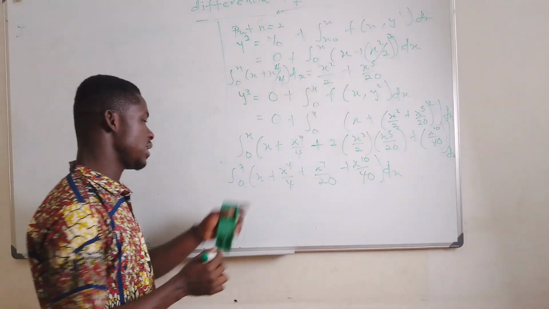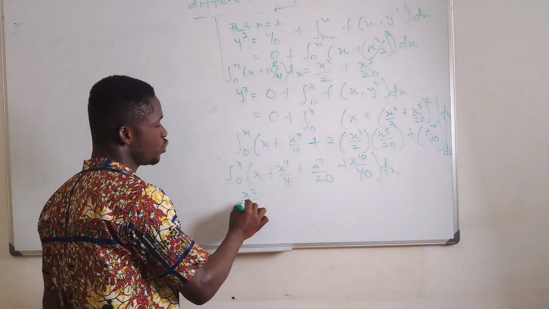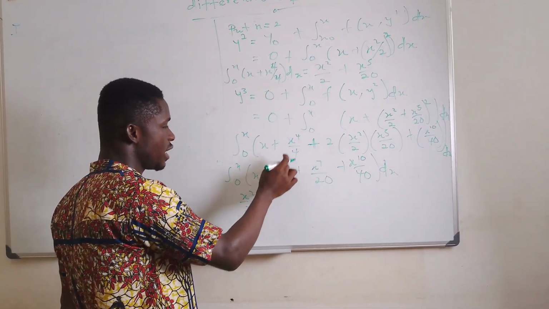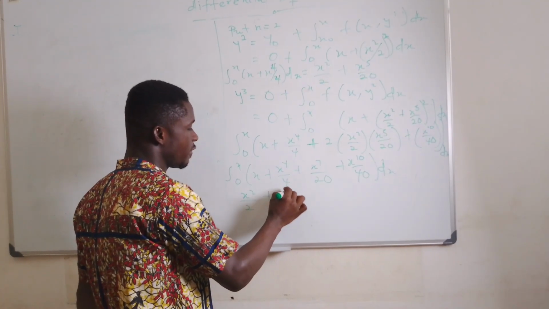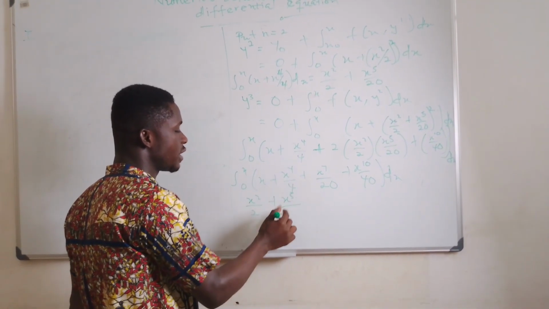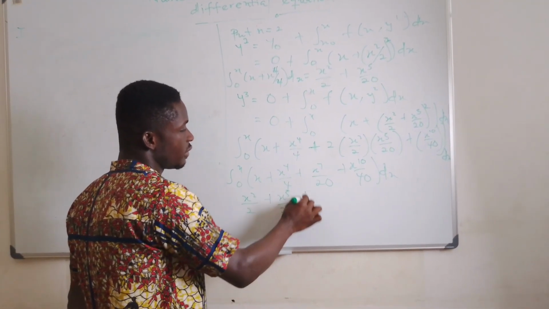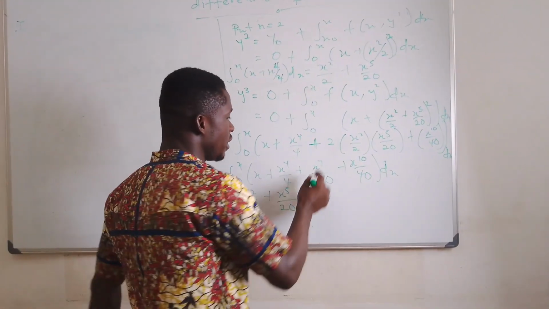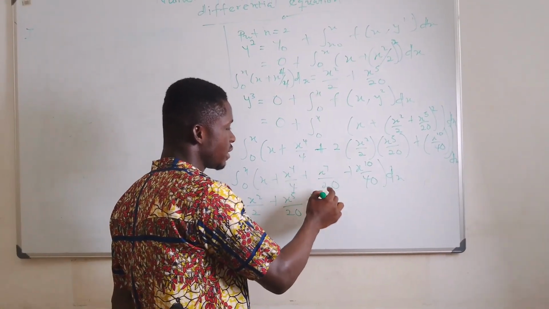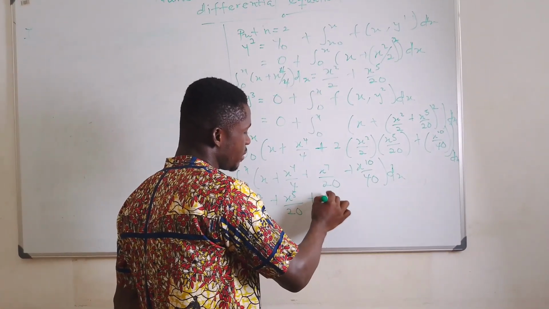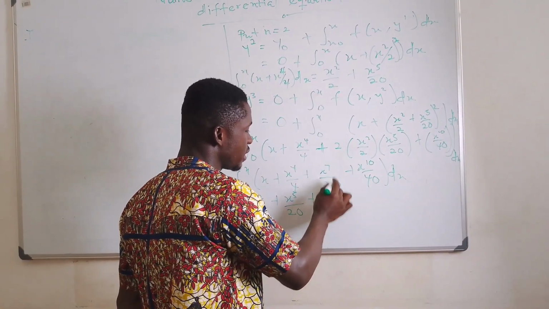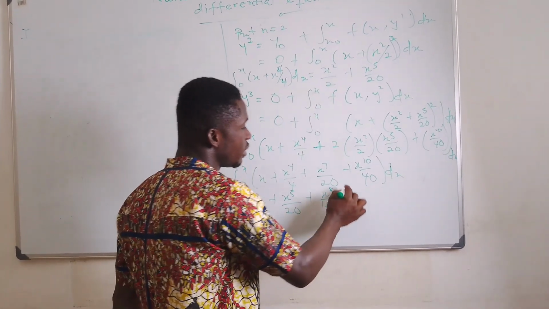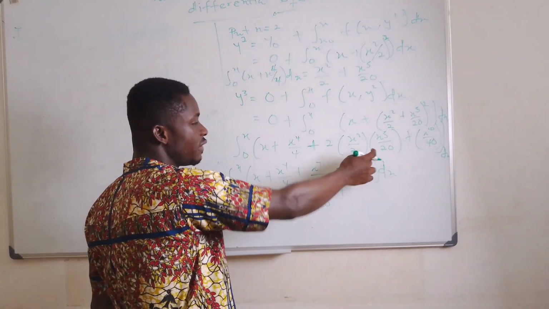When you integrate x, you are going to get x squared on 2. And you integrate x power 4, you are going to get x power 5 on 5 times 4, which is 20. Very good. We are going to integrate x power 7, and x power 7 is going to give us x power 8, so x power 8 on 8 times 20, 8 times 20 is 160, plus x power 11.